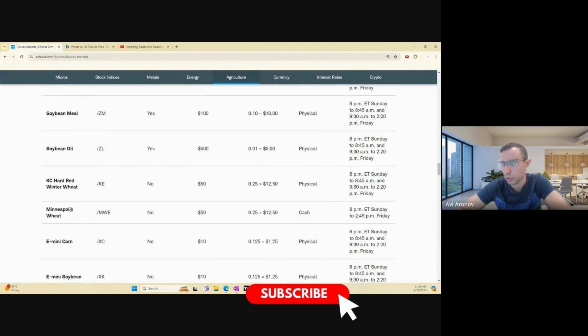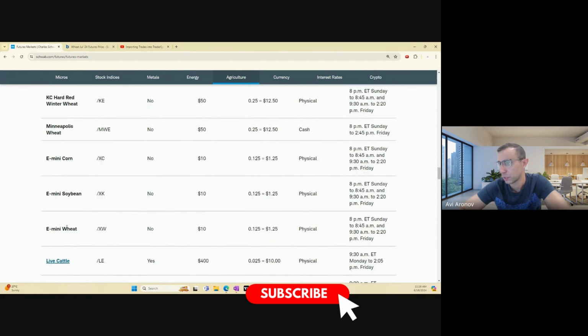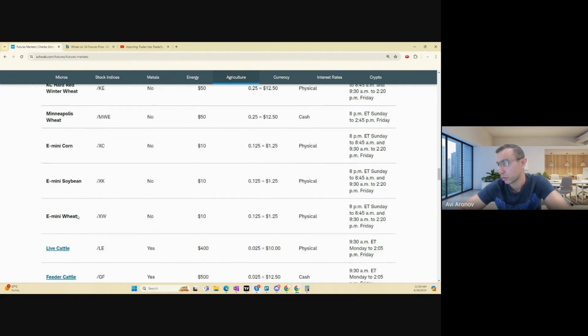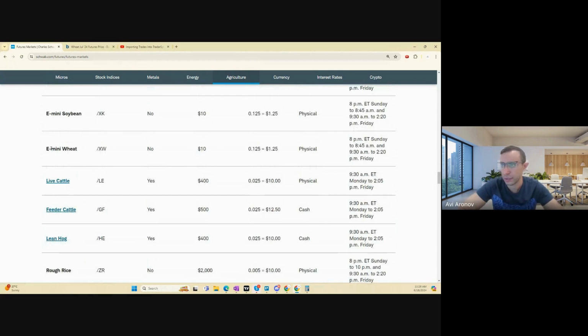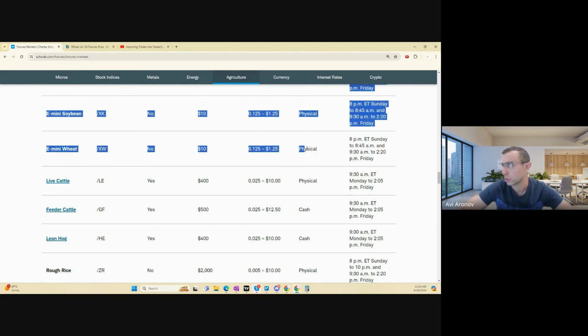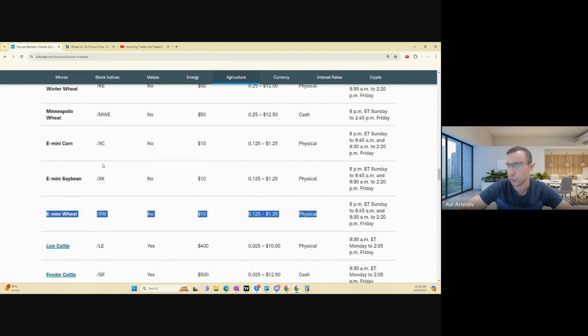Oh, mini wheat. So I just need to check if that's a mini wheat. You see here it's saying 8 to 8:45, 9:30 to 2:20. So I need to understand if this will be wheat.